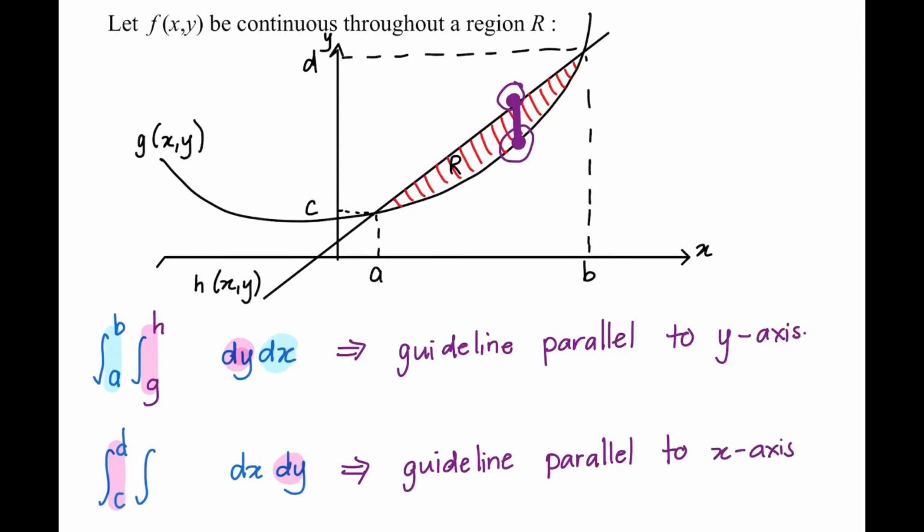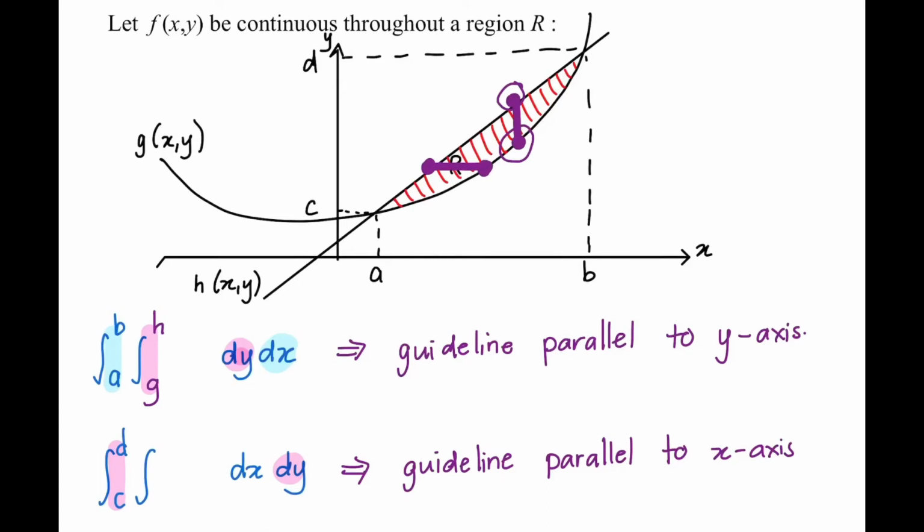Where is our inner limit? That is our inner limit. That's why it's parallel to the x-axis. So anywhere in this region, you sketch a guideline parallel to the x-axis. There. Where it starts, that is going to be your lower limit.